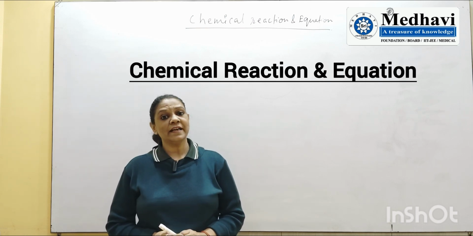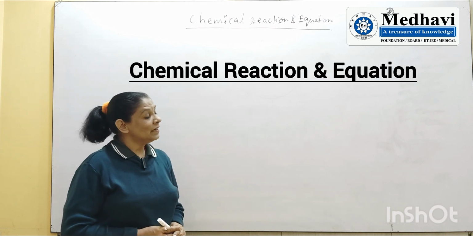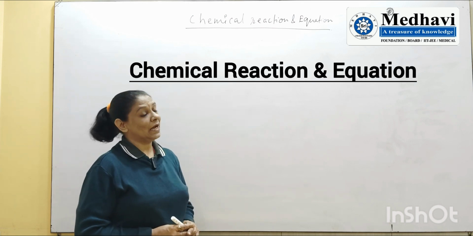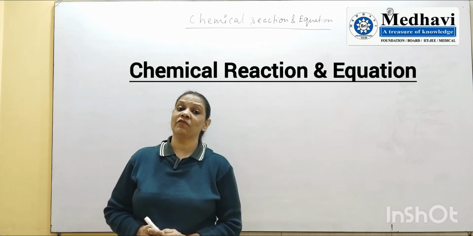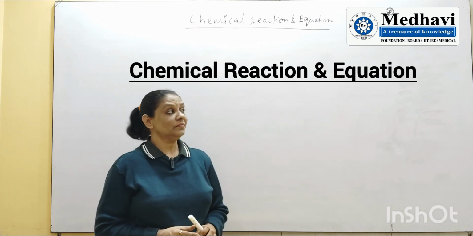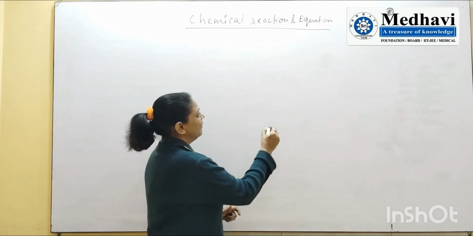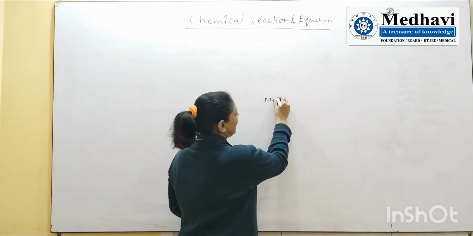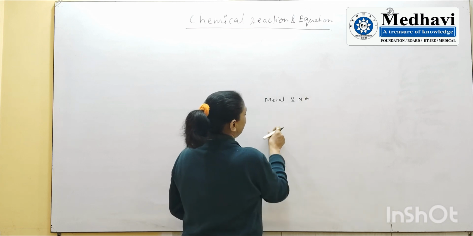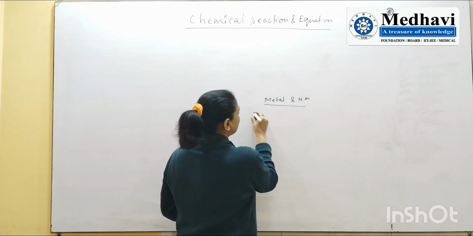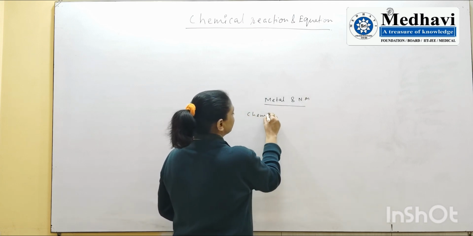So first I will explain how this chapter is useful for other concepts also. For example, metallurgy topic or metals and non-metals. In this chapter, we have to know chemical reaction of the metals.